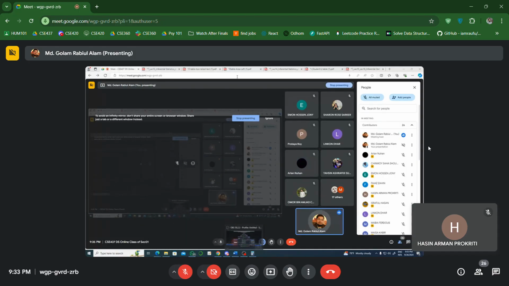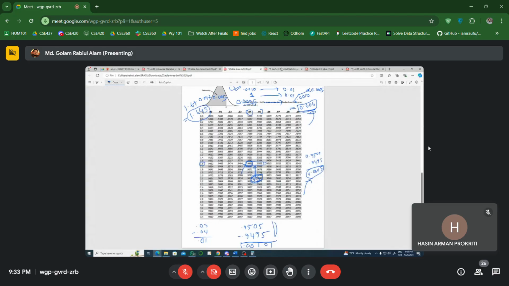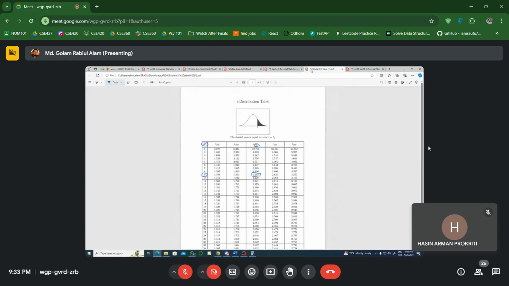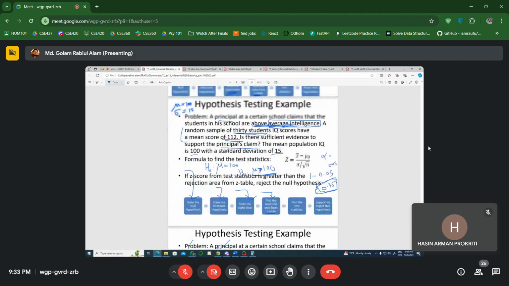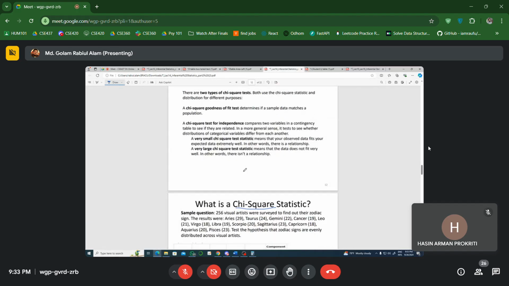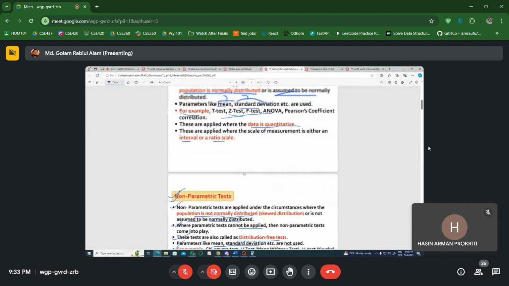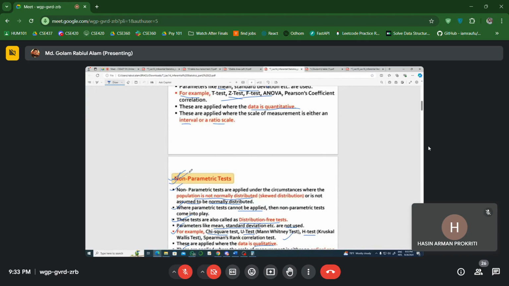Yes, that's why in our lectures I have already mentioned when to use which test. Here, the parametric and non-parametric tests.